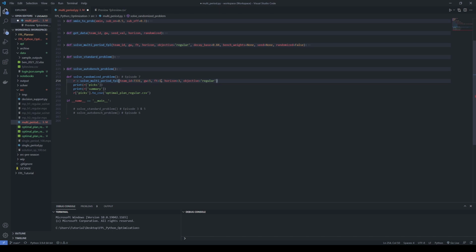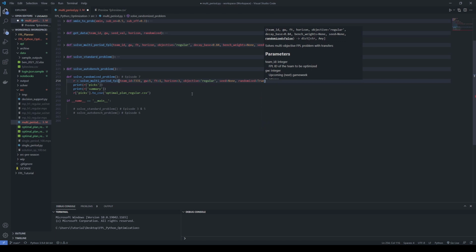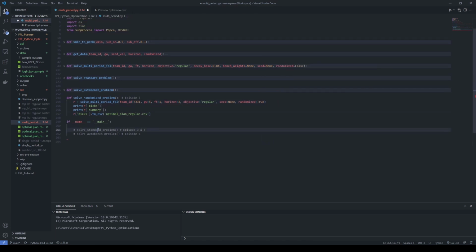I have 2 free transfers, but let's keep it 1 to simplify things a little bit. And horizon is equal to 3, so that it runs faster. Higher horizon is better, obviously. Objective is regular. And then now I will keep seed to none, and randomized equal true. So I will first solve the standard problem and then solve the randomized problem to show you the difference.